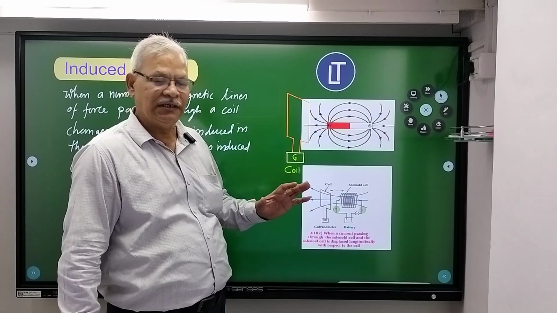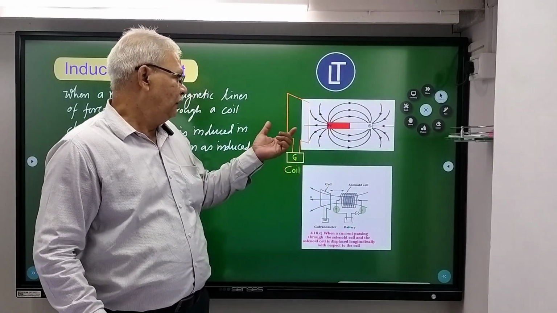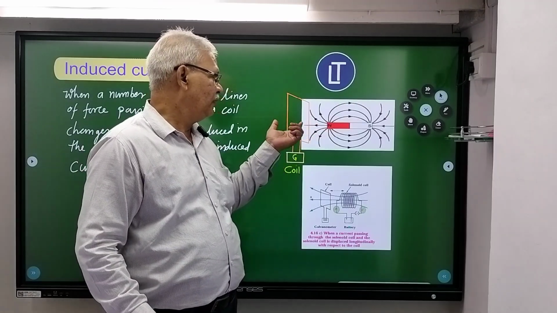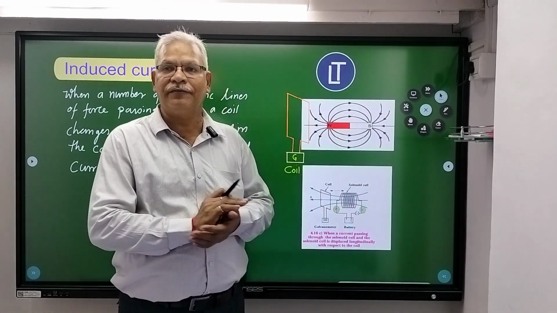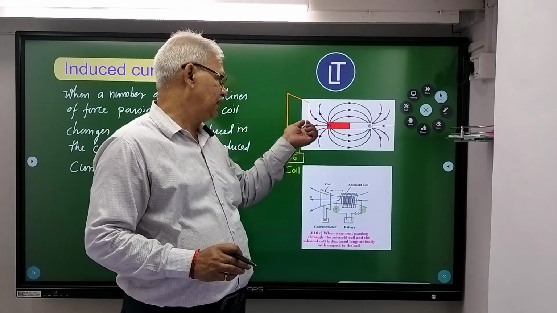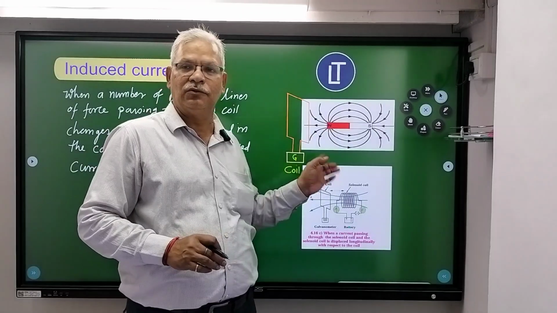And now see here, this current will be induced only when they are in relative motion, or if there is change in the magnetic lines of force passing through the coil.